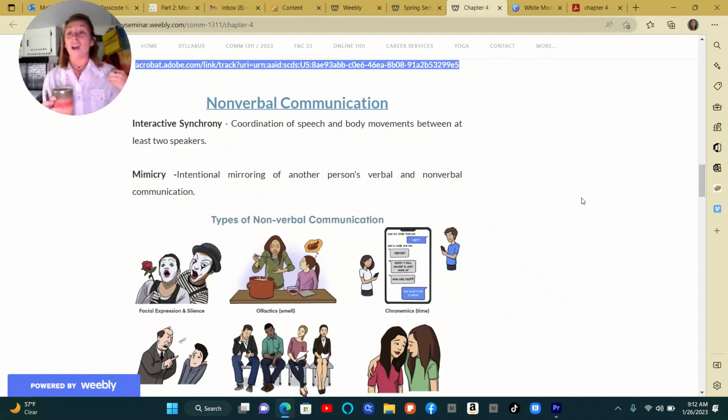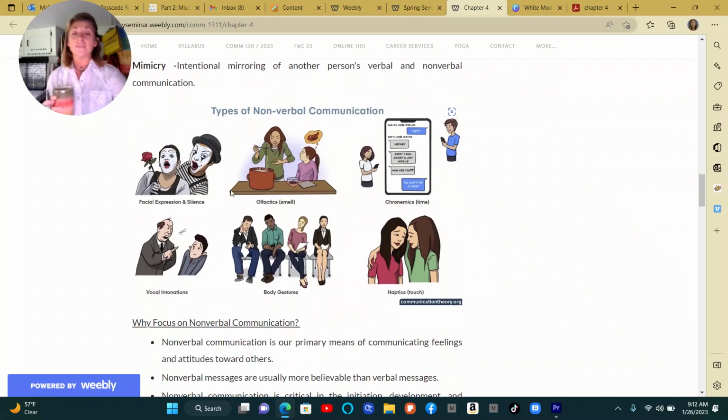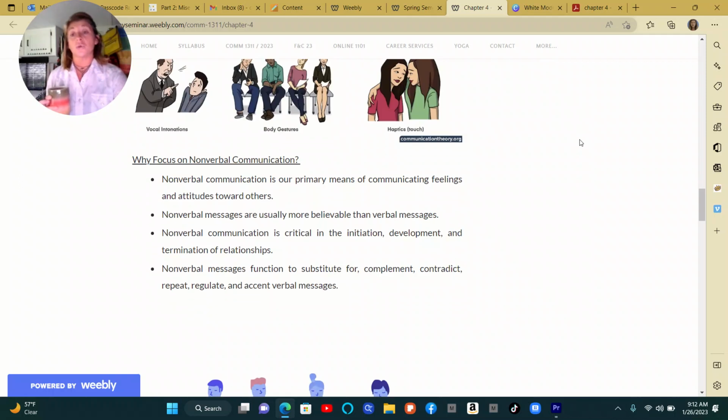And so this is a nonverbal behavior. And so types of nonverbal behaviors: facial expressions, silence, smell, time, vocal intonations like going up and down, right? Body gestures and touch, right? So these are all considered nonverbal communication tools.